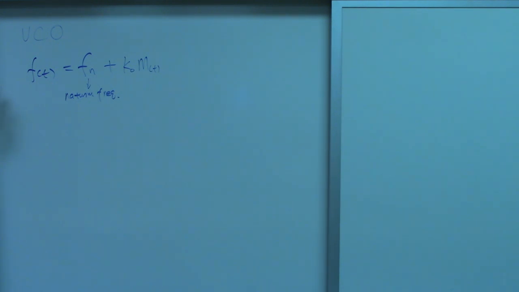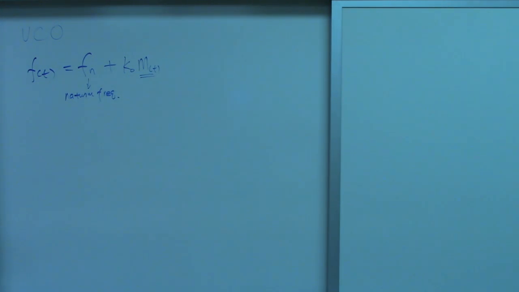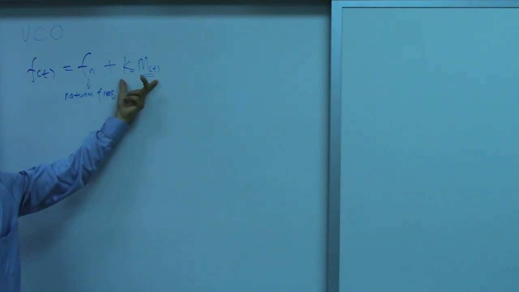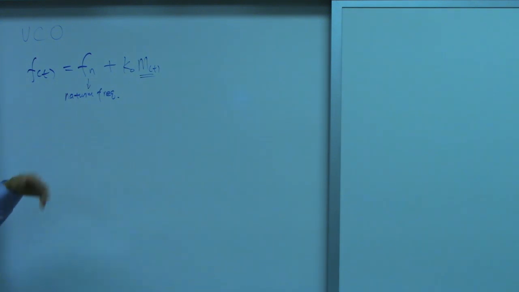For this VCO, we have input, which is the voltage here, and we have an output, which is the oscillating frequency. But we will consider the change of the oscillating frequency as the output. That means it's not the total, it's only this part. So v(t) is the externally applied voltage to the oscillator.